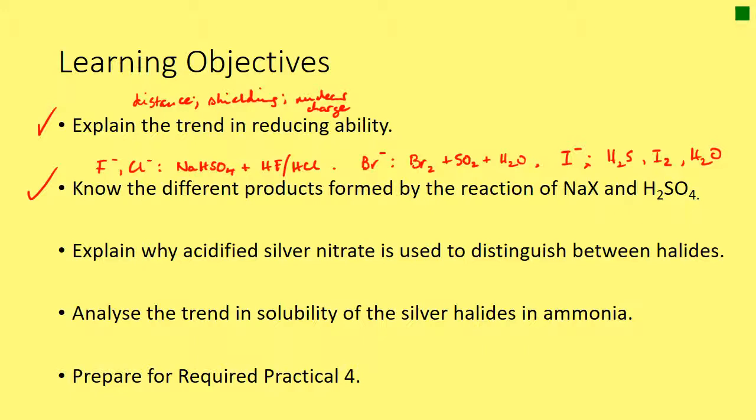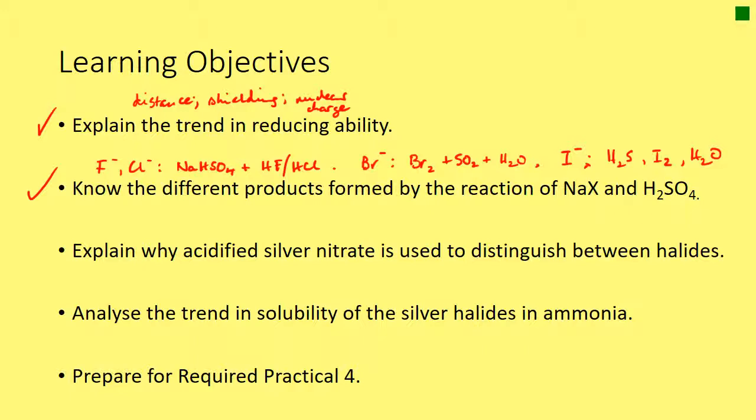So that is for fluoride and chloride. Now for bromide, we took that first reaction, and the hydrogen bromide reduced sulfuric acid further, such that our products were the halogen bromine and also some sulfur dioxide and some water. So that was for bromine, full stop.